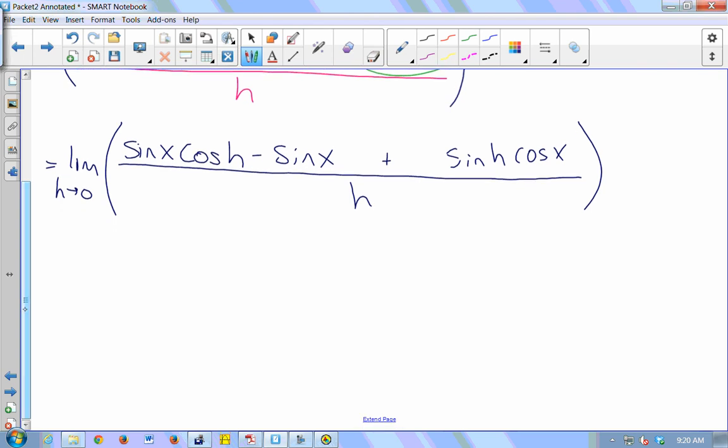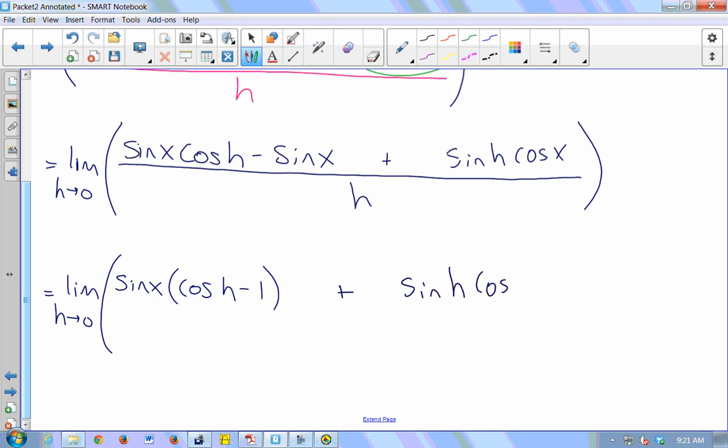The purpose of factoring it out is that once it's factored out, I'm going to be left with a cosine h minus 1. Right? Hooray, that's what I'm looking for. So this is going to be the limit as h goes to 0 of, oops, I'm factoring out a sine x. Sine x times cosine h minus 1. I'm just factoring out a sine x. And then I still have plus sine h cosine x all over h.